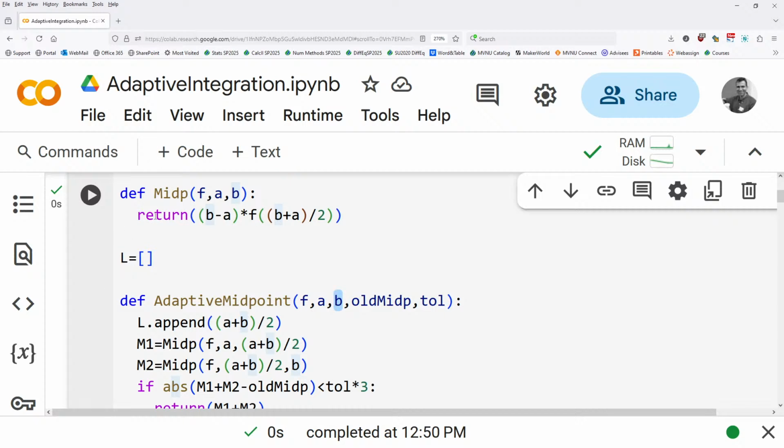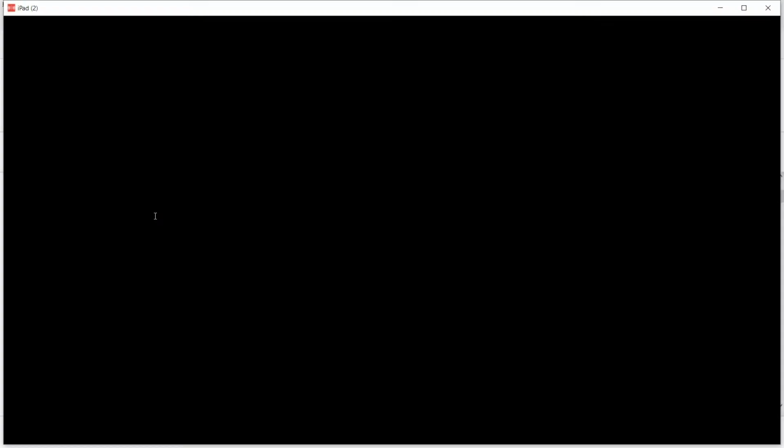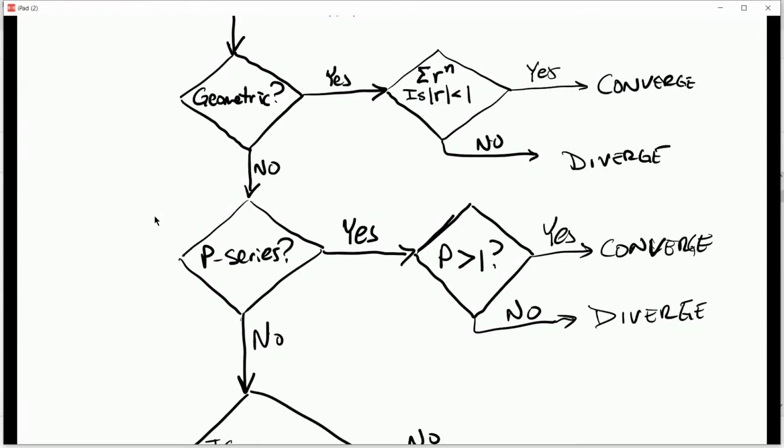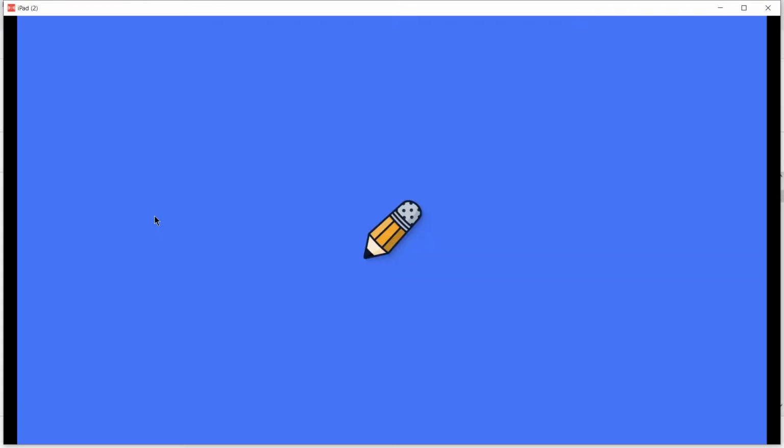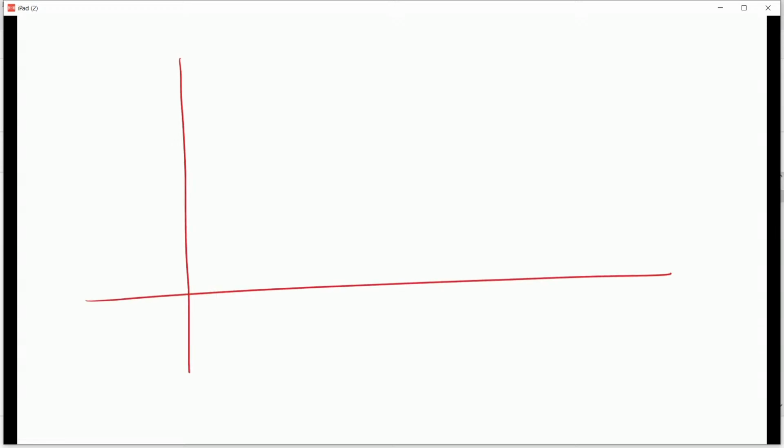But in general, let me switch over to do it on here so that you can see it. Ignore this. This is Calc 2. So the idea is that you've got your function.